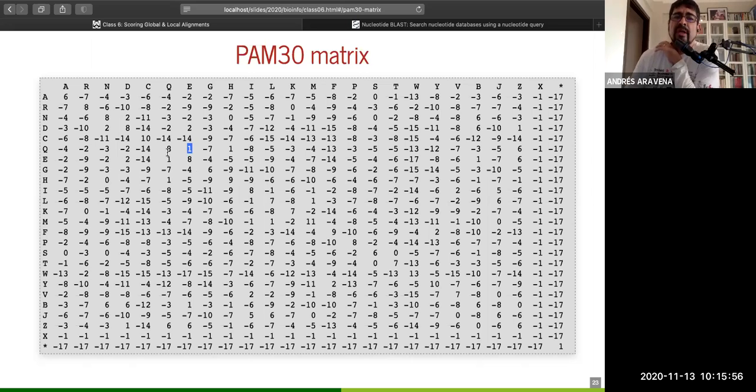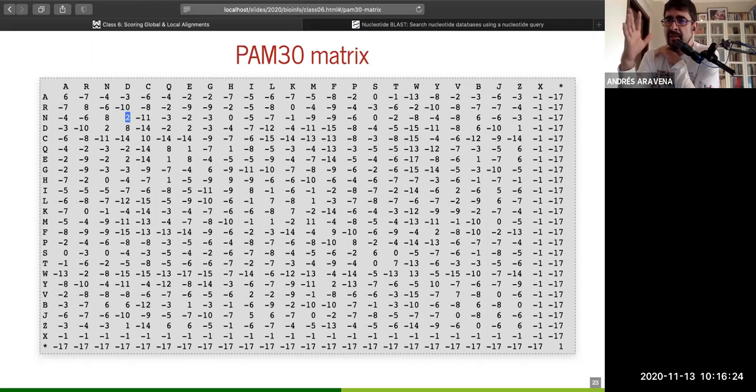Yes, it is true that the amino acids that have positive scores, like here N and D, share chemical properties like hydrophobicity. But the interesting thing is that this matrix doesn't take any chemistry in the model.